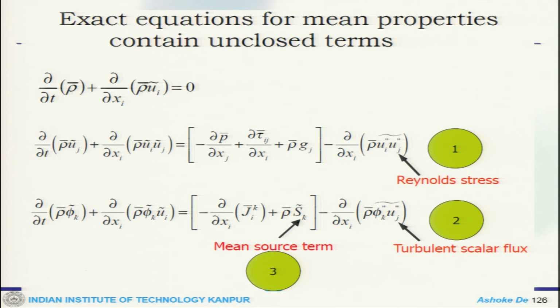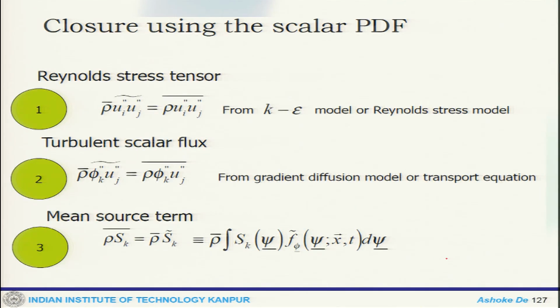Now, again coming back to our equations, this is our continuity equation, this is our momentum equation where we get the Reynolds stress, and our scalar transport equation has the source term and turbulent scalar flux.